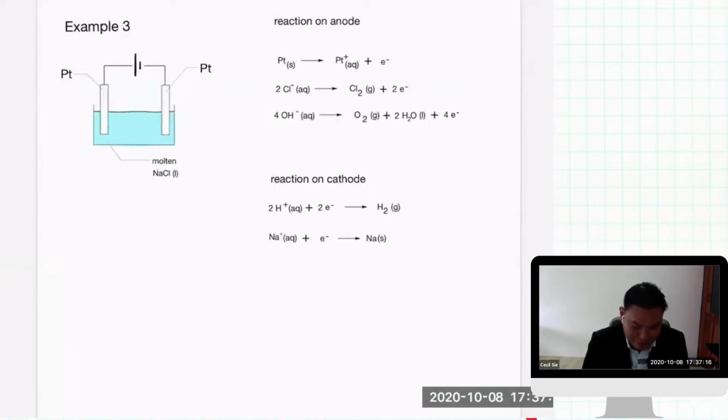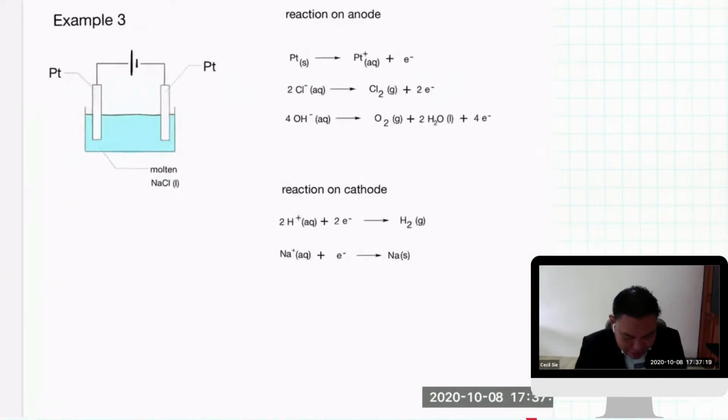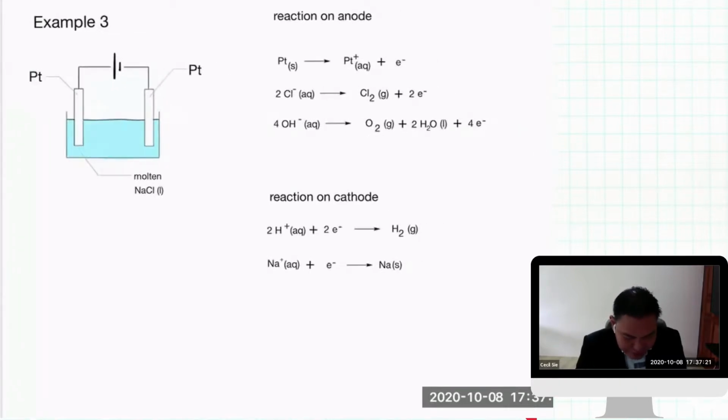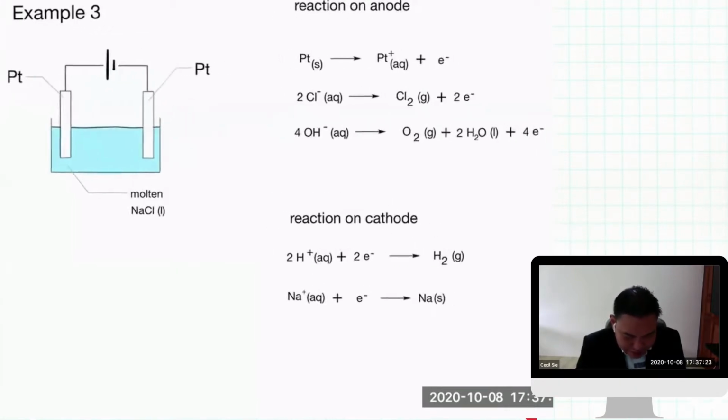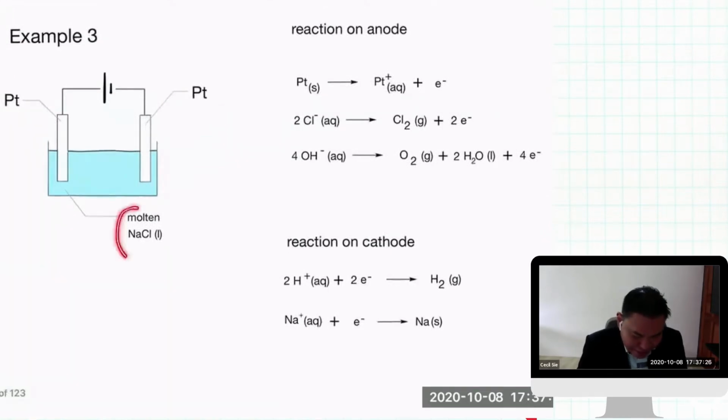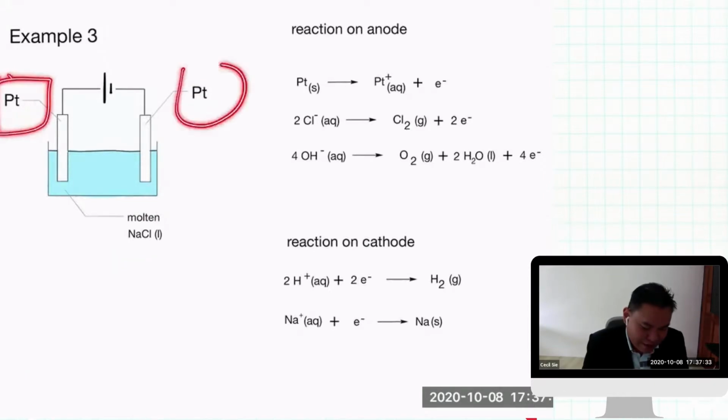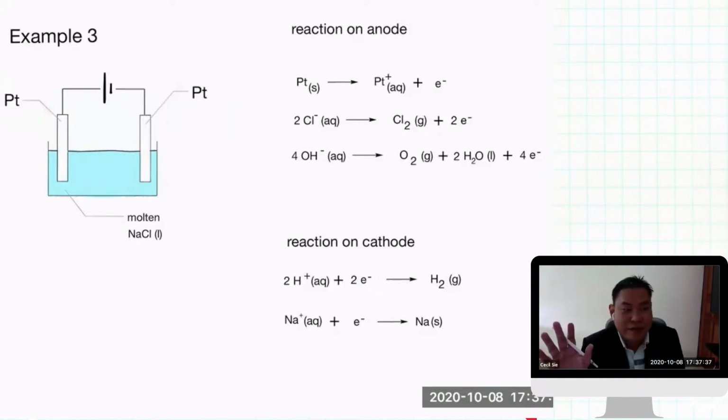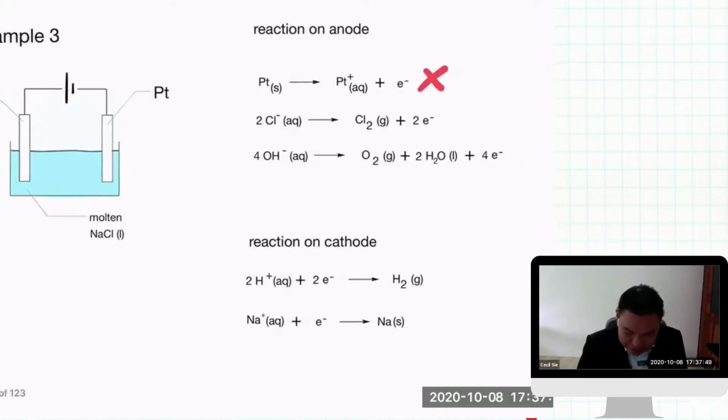Example 3 is similar to example 2. This time is molten sodium chloride, the electrolyte. Then anode and you have 5. Remove 2, Na plus and H plus. Left with 3. And platinum you erase also because platinum is inert, so it won't react.